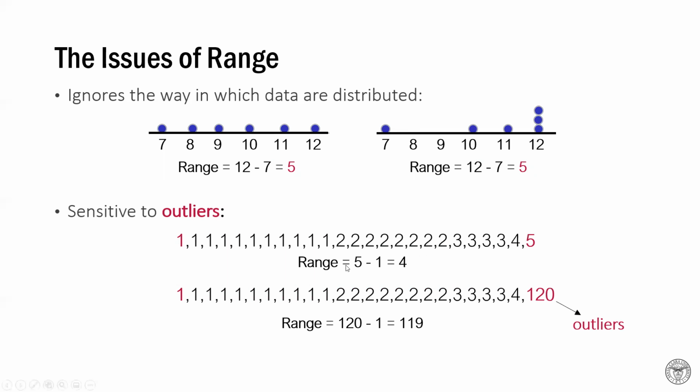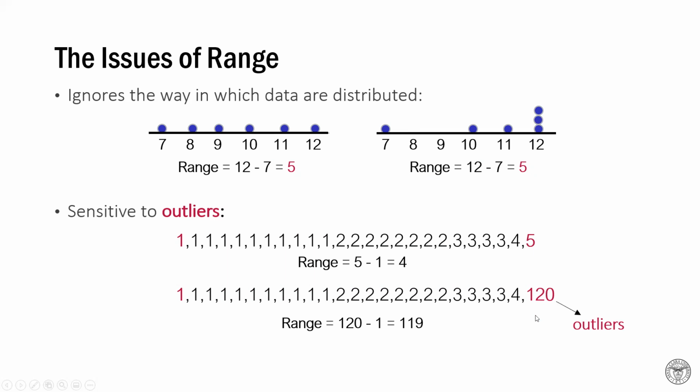For example, the following two data sets are almost the same except the last item. The first data set has the highest value of 5, whereas the second data set has the highest value of 120.